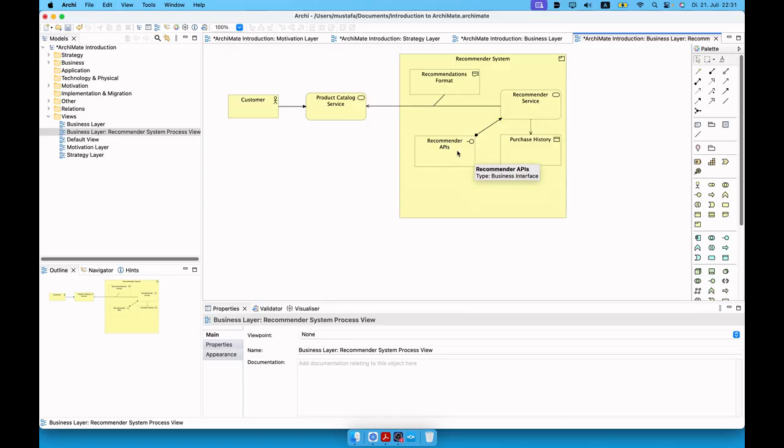This assigned to now means that the recommender APIs, they are the offering, the access point of the recommender service. We could even make that a little bit more aligned with the diagram.